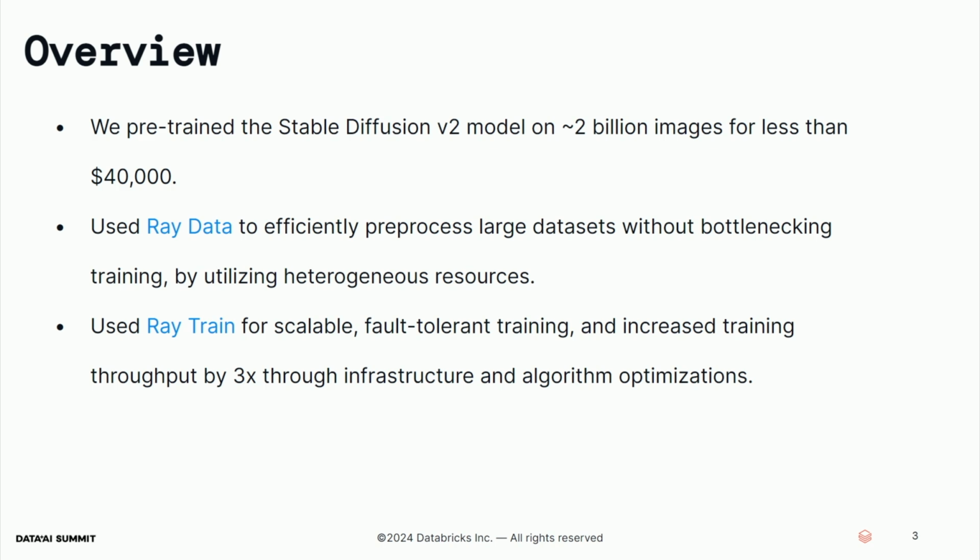With Ray data, we can efficiently preprocess large-scale datasets with streaming execution and utilize heterogeneous resources. With RayTrain, we can leverage its scalable and fault-tolerant training features, and also integrate with infrastructure and algorithm optimizations that collectively improve the overall throughput by 3 times.